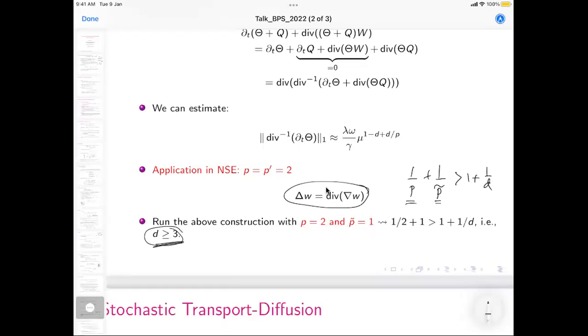Okay. Because for Navier-Stokes, you just iterate the L2 norm, right? C0 in T, L2 in space. And also you iterate C0 in T, W11 in space. So P tilde would be 1, because we are iterating W1. And if you plug in on this, then you see that as long as D is bigger than or equal to 3, it works. So this can handle also Navier-Stokes.